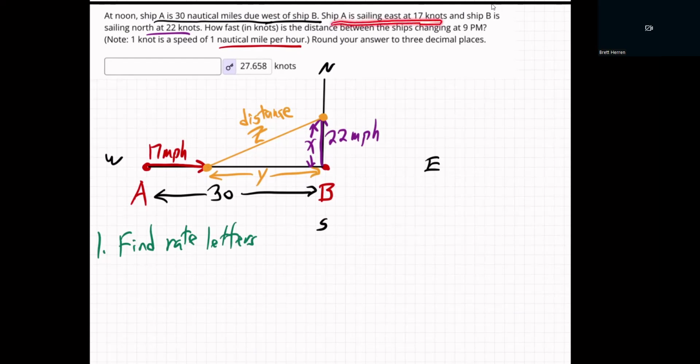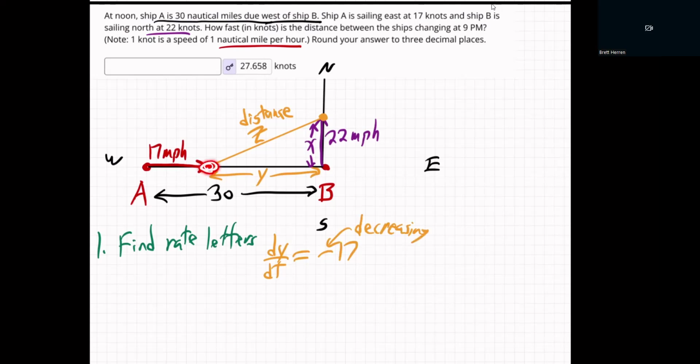Ship A is sailing east 17 knots. That's a rate. So what is that? That's Y. That's how fast Y is changing. They're telling us that dy/dt is negative 17 because it's decreasing. Do you see what I'm talking about there?